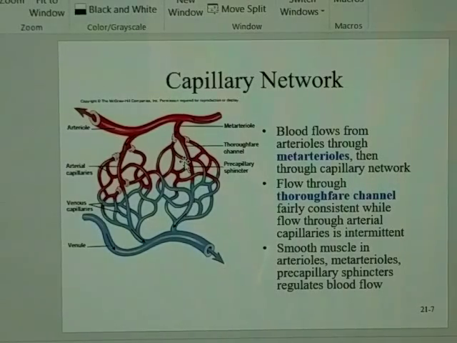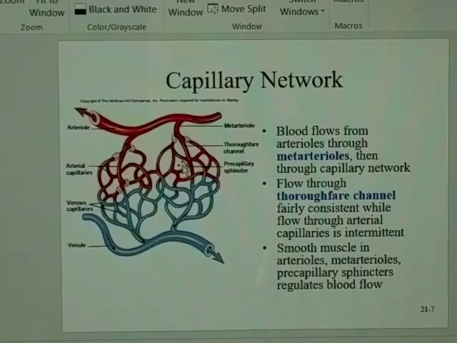Now, these little smooth muscles are called precapillary sphincters. If you think about what a sphincter does, these smooth muscle sphincters are not under our control, because it's smooth muscle.